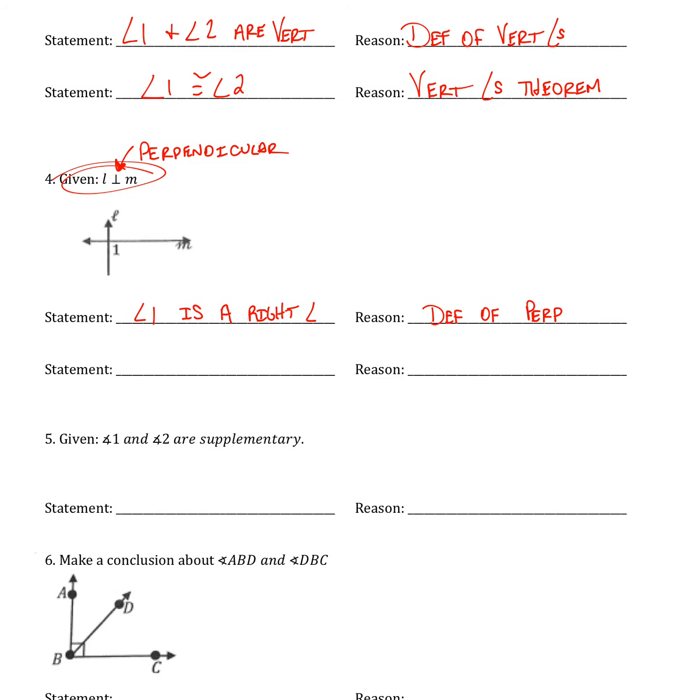And because it's a right angle, we know the measure of angle 1 is 90 degrees, because that's our definition of right angle. So you guys can see that there's a little bit of flow to it.